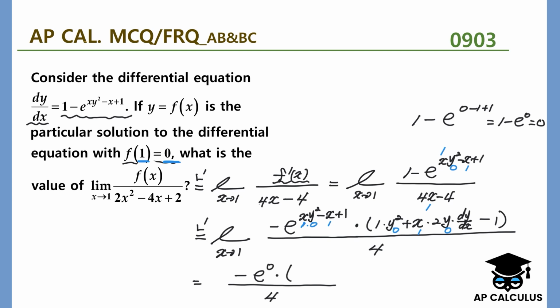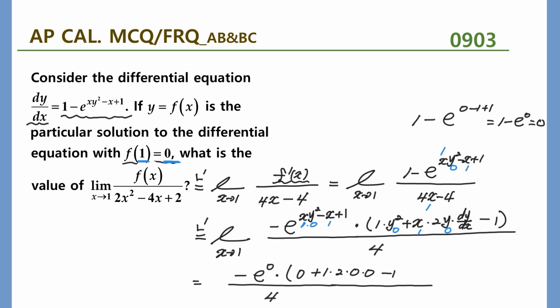Times, here we have 0 plus 1 times 2 times 0 again. And dy over dx is also 0, right? Minus 1. So that's equal to negative 1 times negative 1 over 4, so that's 1 over 4, right? So our final answer, the limit of this expression, is equal to 1 over 4, right?